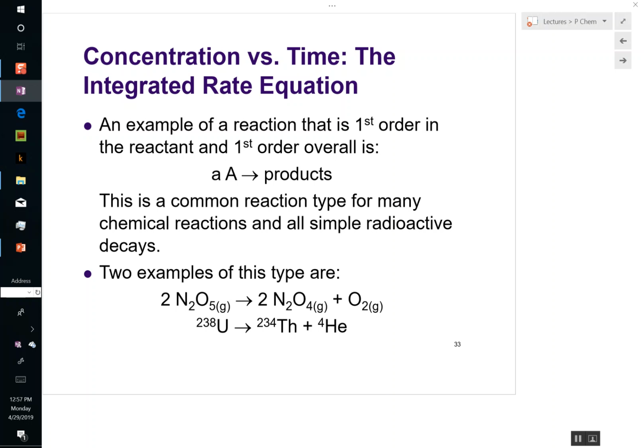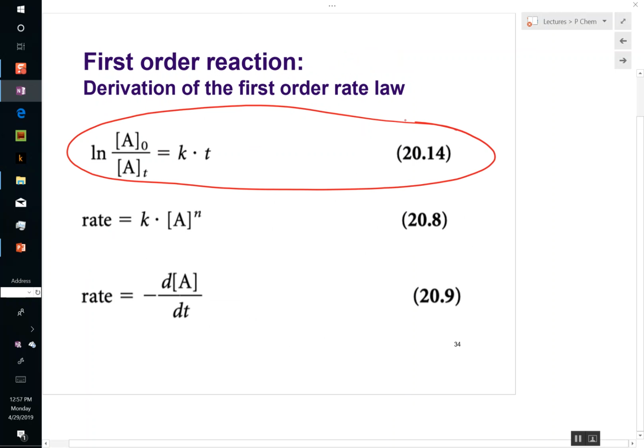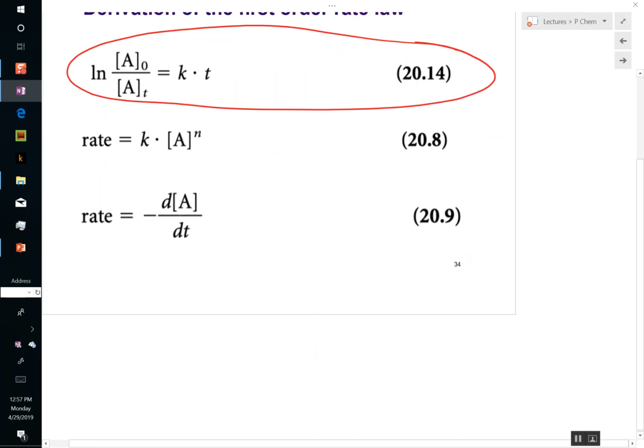These are first order reactions and first order overall. This is kind of where we're going, but here is where we're starting with these two rate equations. So let's start right there.